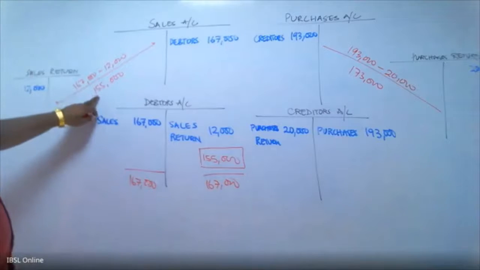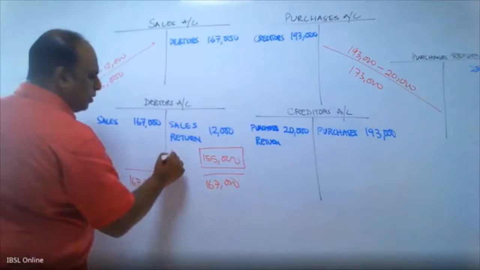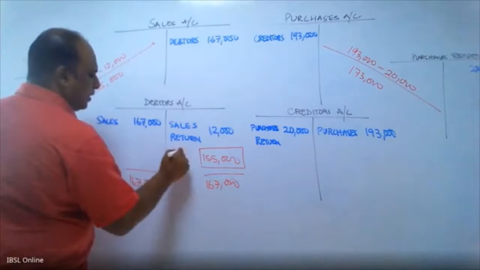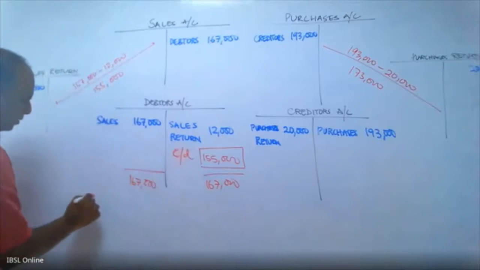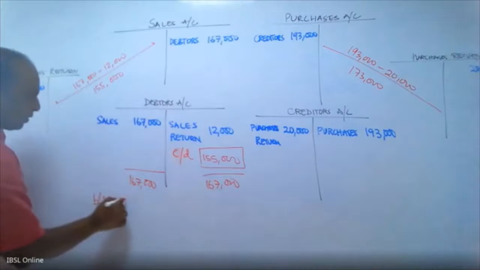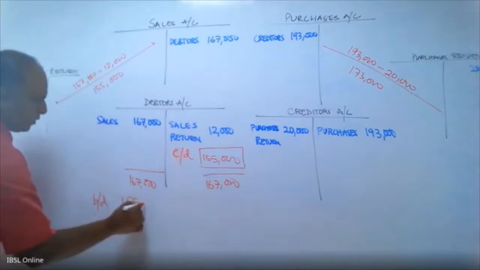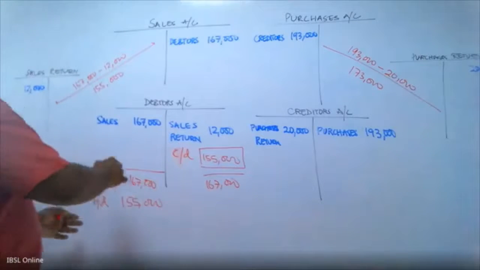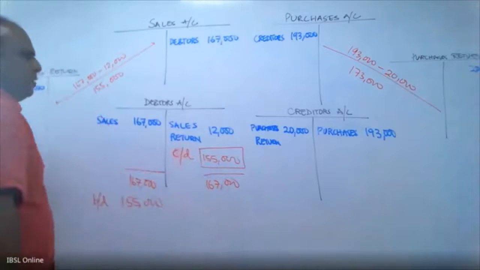You see? That will be your carried down, and brought down will be 155. This is double entry principle. When you credit, you have to debit.